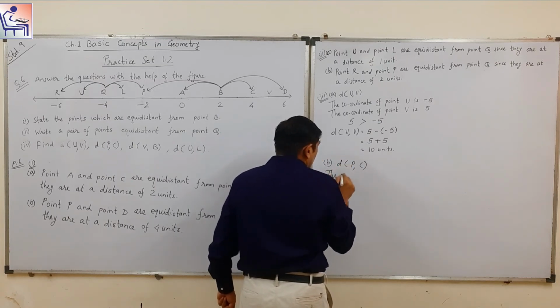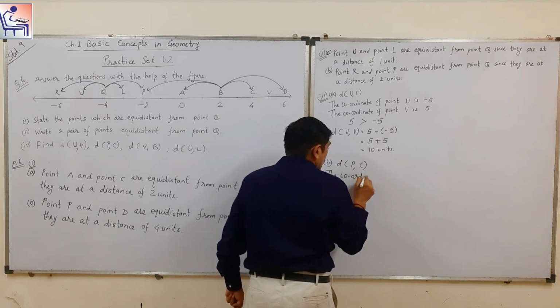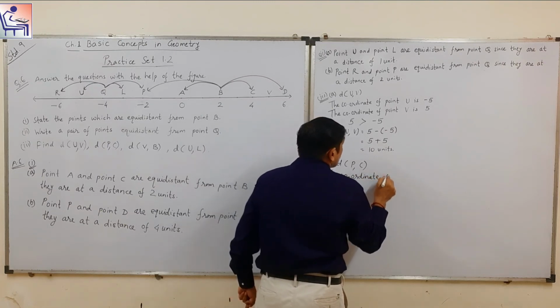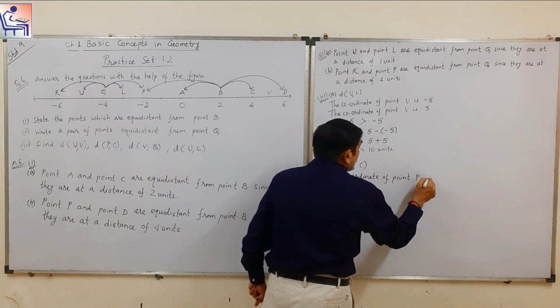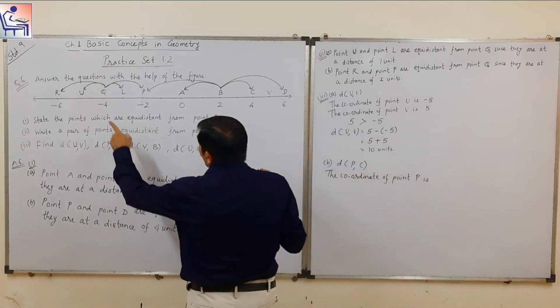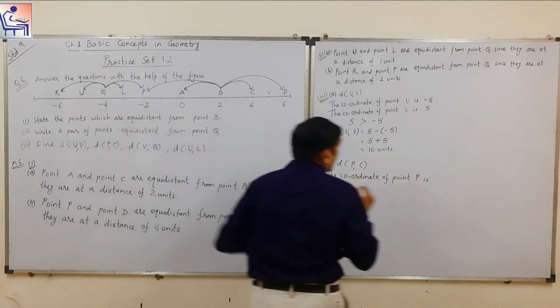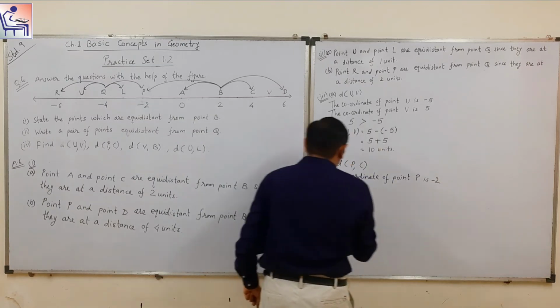The coordinate of point P is, here you can see, minus 2.